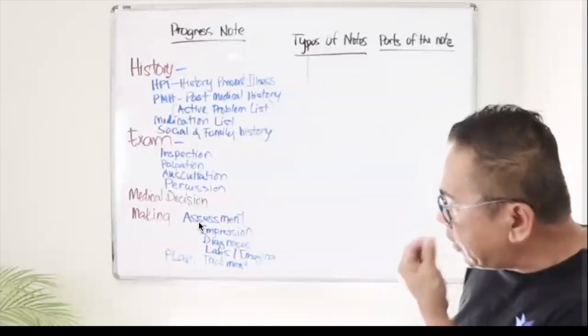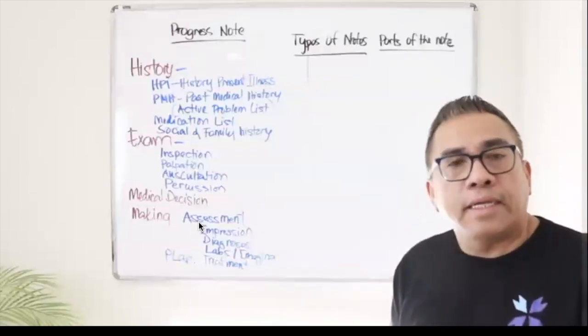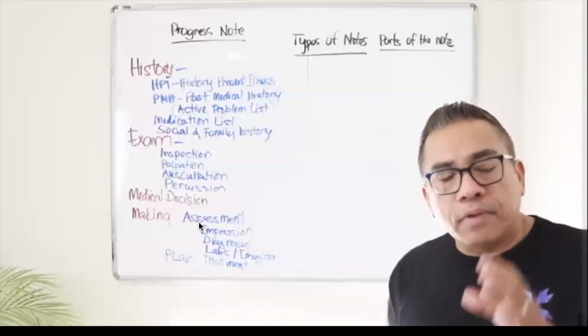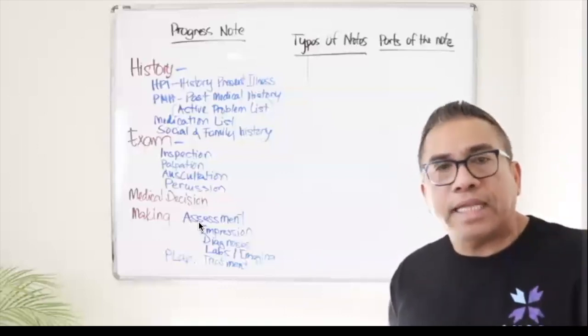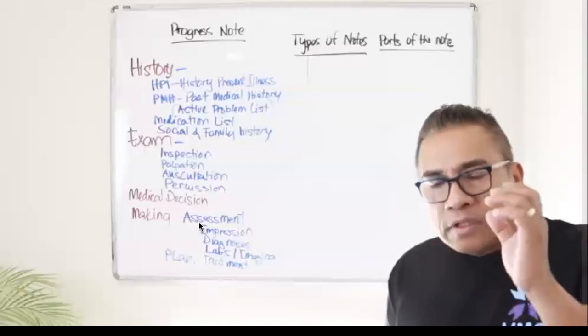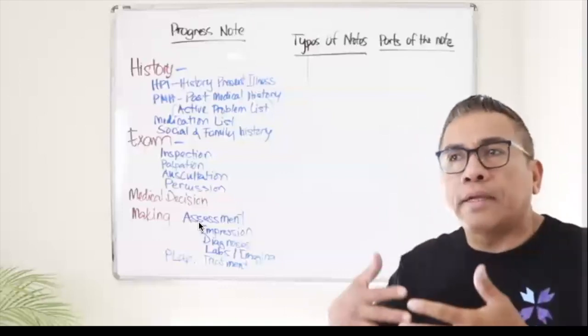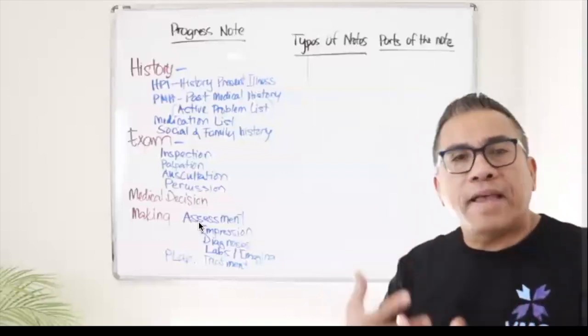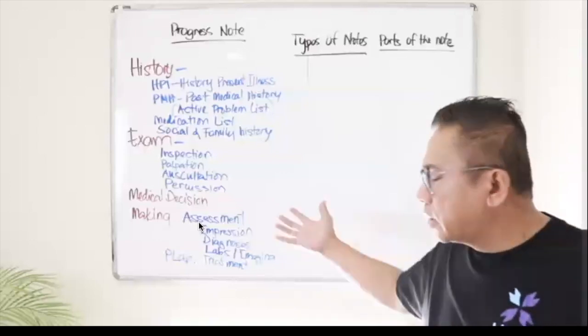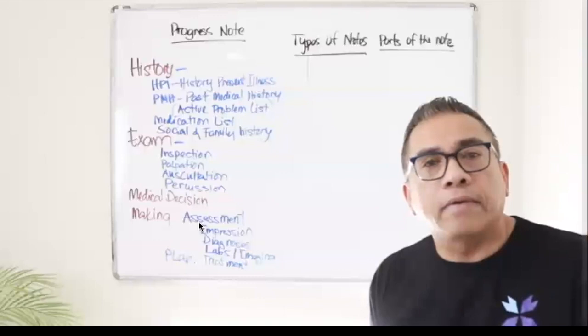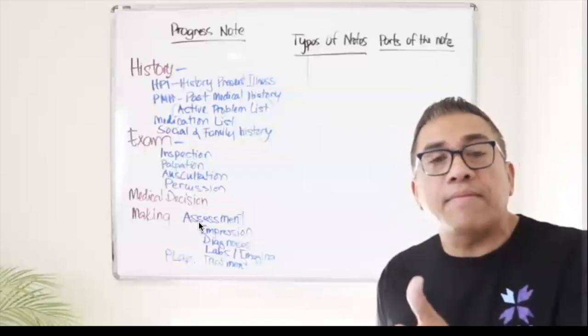Now, in the assessment, you will also find the labs. But most of the time, guys, when the patient comes into the clinic, if the doctor needs to investigate or probe further, he would order these procedures, labs and imaging.